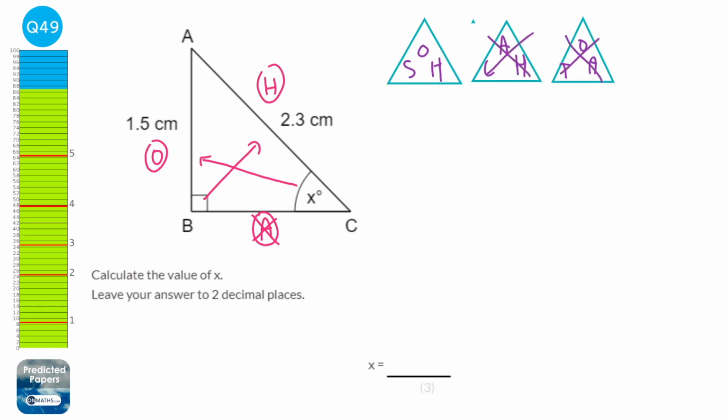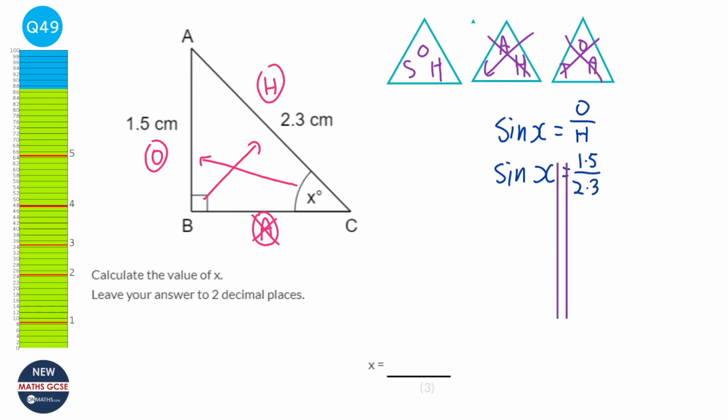So we're left with SOH, and SOH is short for sine x equals O over H. And so writing that in, well, the angle is x, and the O is 1.5, and the H is 2.3. And let's get our solving lines in. And what we're going to do is the opposite of sine on both sides, so we get x equals sine. The opposite of sine is called the inverse sine, which looks like that.